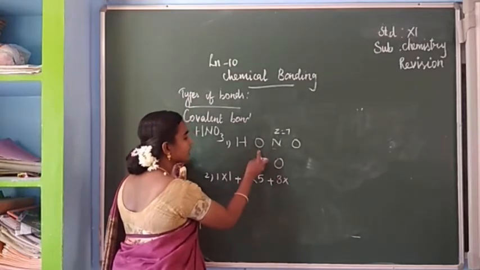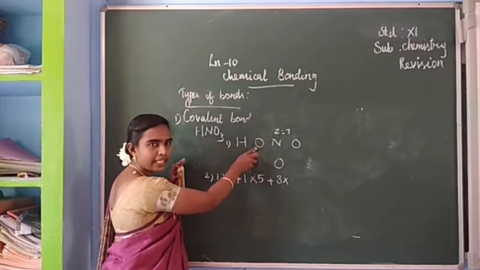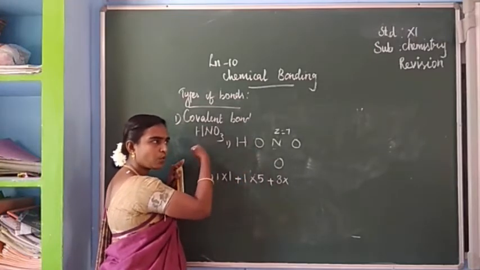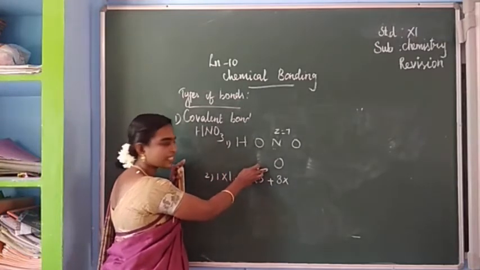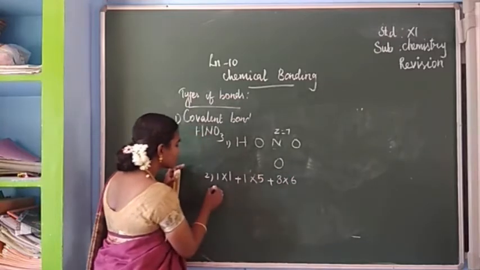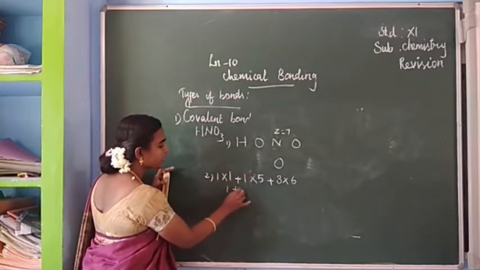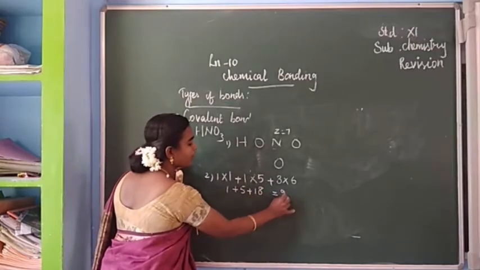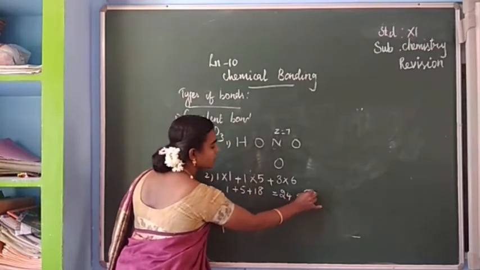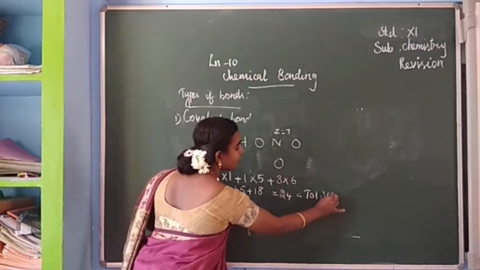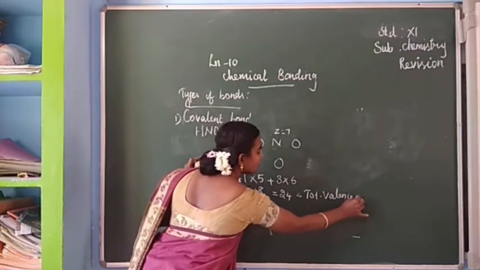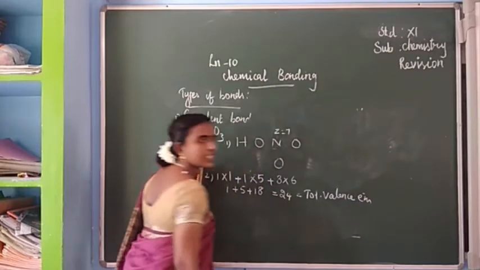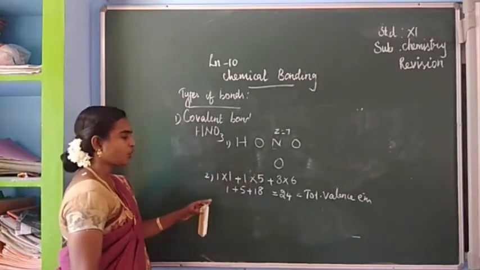Its atomic number is 8. After leaving the first 2 electrons, the number of valence electrons is 6. So when you add 1 plus 5 plus 18, the total number of valence electrons is 24. Is it clear? 24 valence electrons are there.